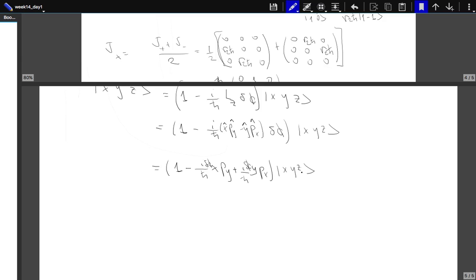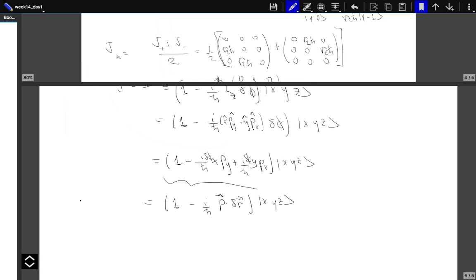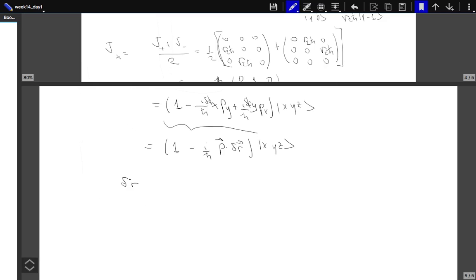But you see, we had defined px, py, and pz as generators of translation. Now, this operator, we can write it as 1 minus i over ħ p dot delta r, acting on x, y, and z, where this delta r is nothing but minus y times delta phi in the x hat direction plus x times delta phi in the y hat direction.